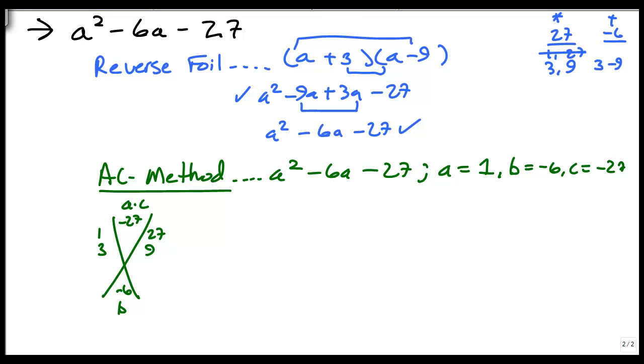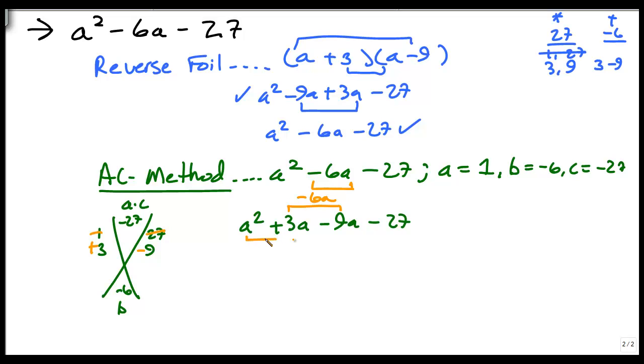Now, which combination of these would get me to a -6? There's no way that 1 and 27 will work. -6 will work if I have a +3 and a -9. So I will take the -6a and I will rewrite it as +3a minus 9a. So this 3a minus 9a was that -6a.